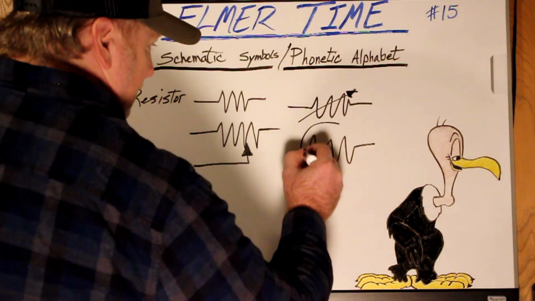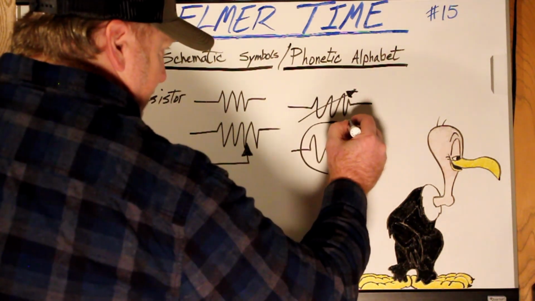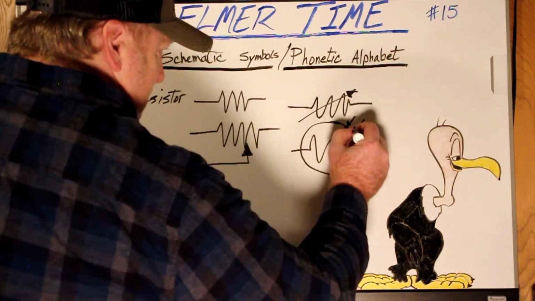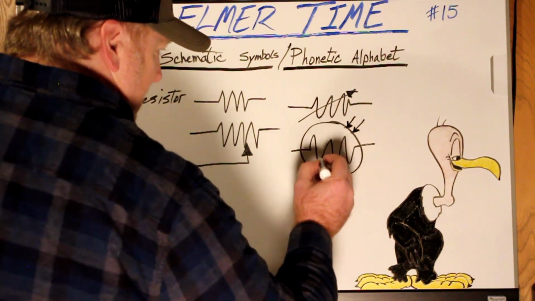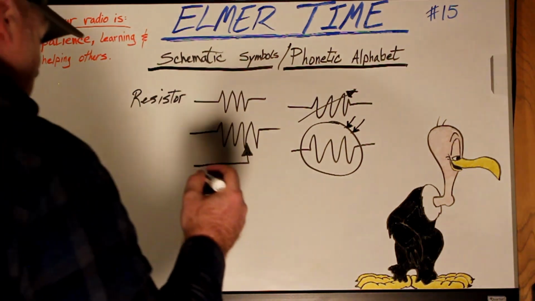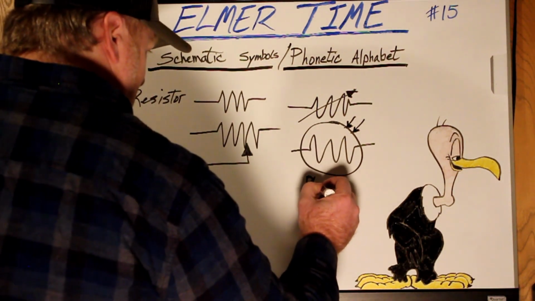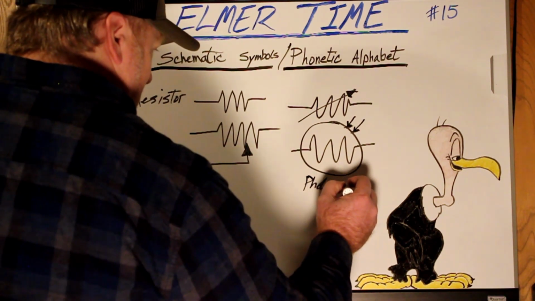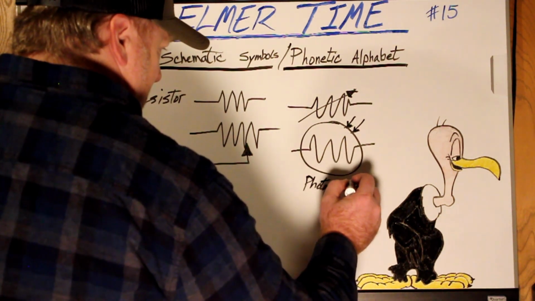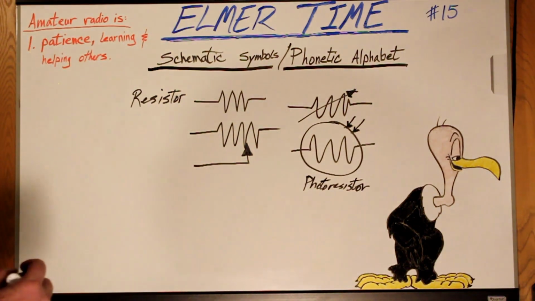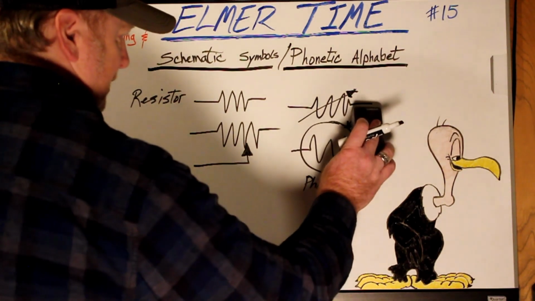If it has a circle around it and it has arrows to it, I can't make the arrows very well, that would be a photoresistor, which changes its value depending on how much light is hitting the photoresistor.